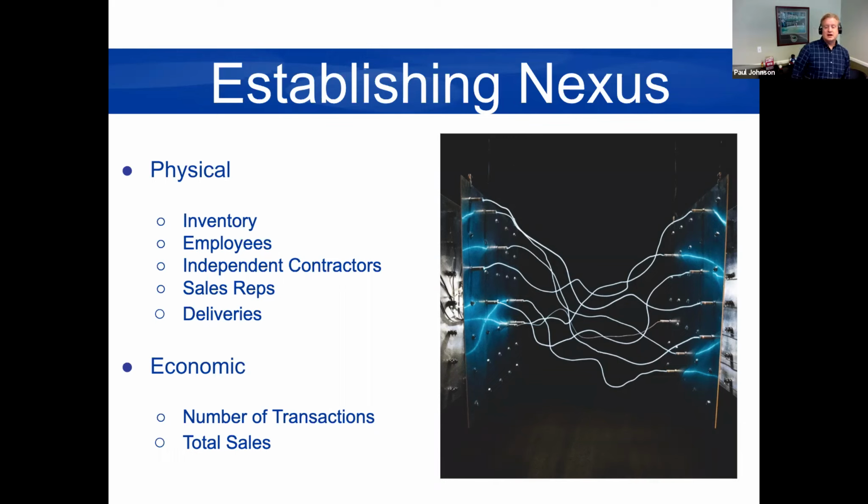Physical nexus did not go away, because economic nexus became another prong, another way that the states can impose nexus or impose their laws as a result of establishing nexus. Physical nexus is still there and still is valid and something to review. Economic nexus is simply another way for the state to require sellers to collect tax. It's what they've deemed a nexus creating activity.